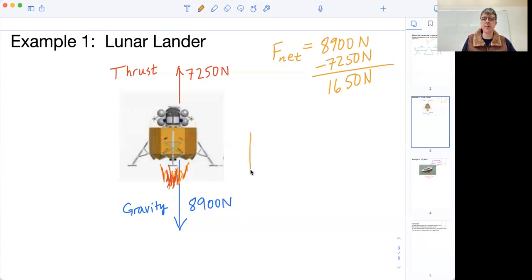So here I have my net force. And I probably want to draw it a little shorter than that to be proportional to the others. There we go. So this is 1,650 newtons in the downward direction.